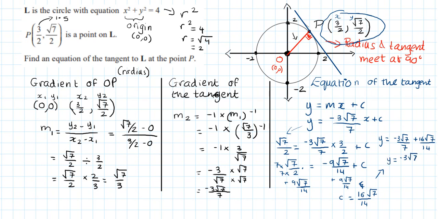Oh, I forgot the x. So y equals -3 root 7 over 7 x plus 8 root 7 over 7. Okay, and we'll move on to the next question.